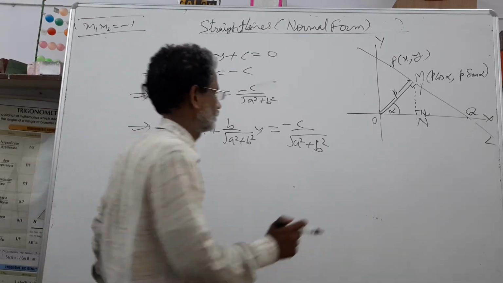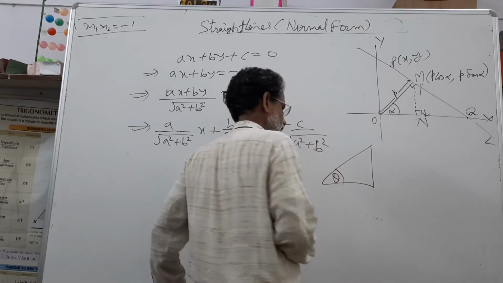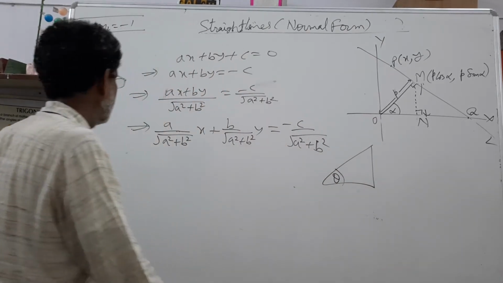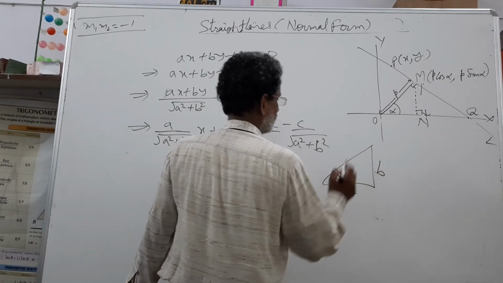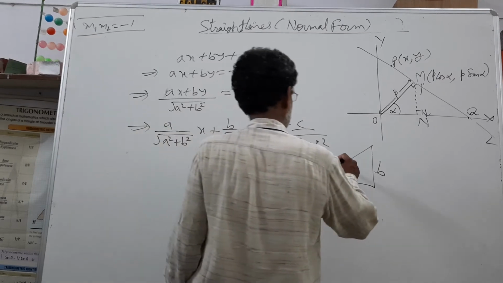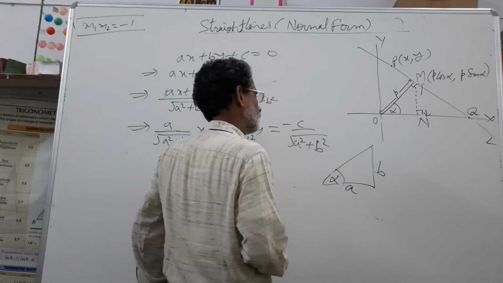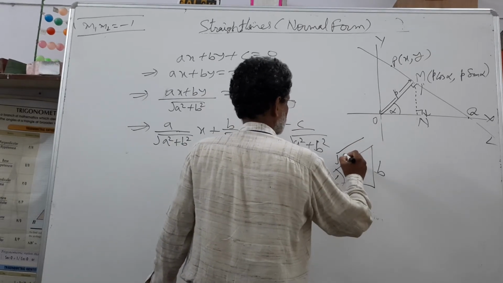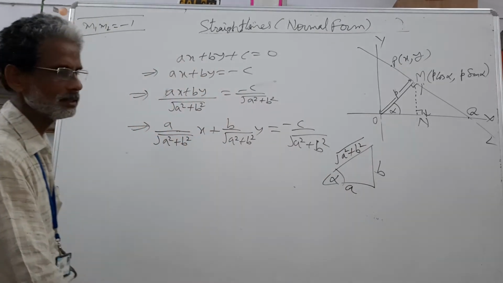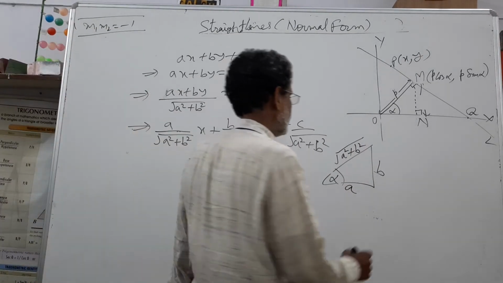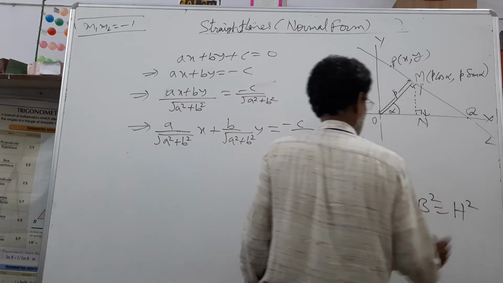Now, in any triangle, if there is an angle theta, or select this as alpha, and its sides are A and B, then clearly the third side will be under root A square plus B square by Gaussian theorem, which states that P square plus B square is equal to H square.